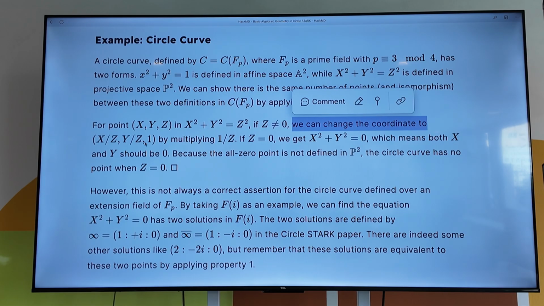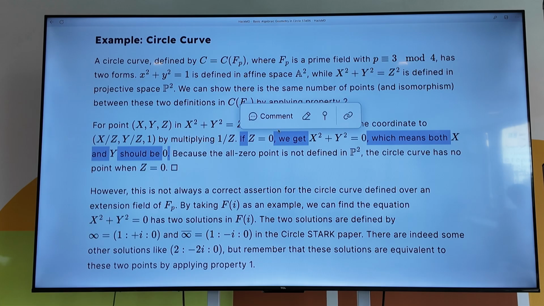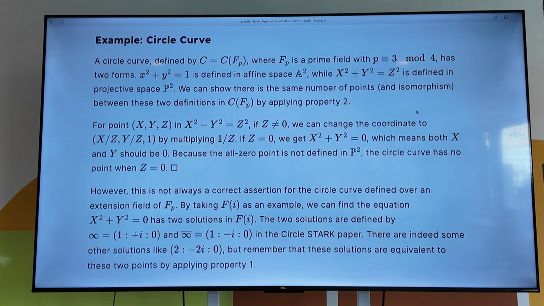So in this case we cannot find any point on the affine line. That shows we have the same points between the two forms of circle curve.